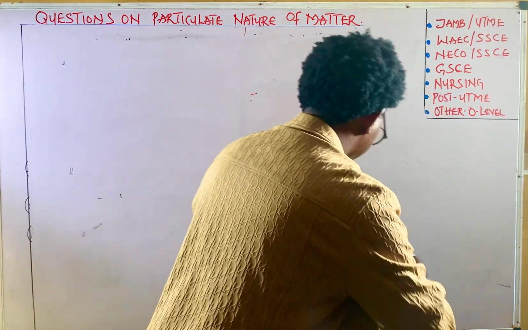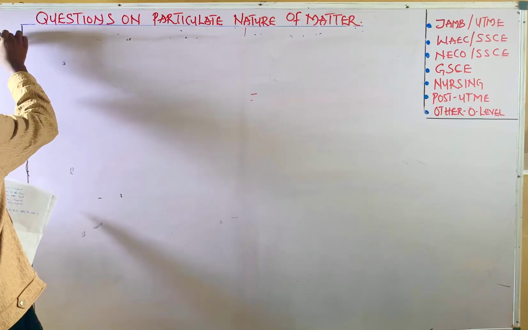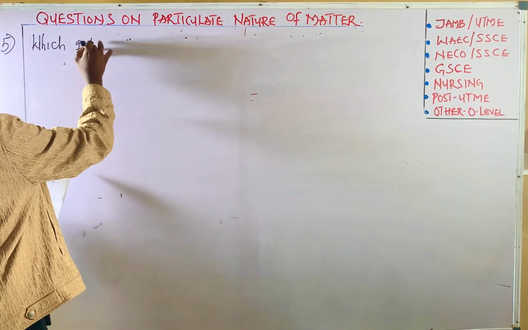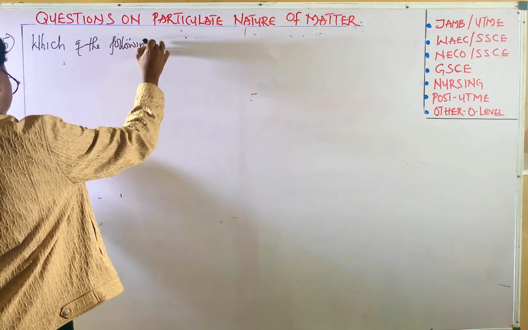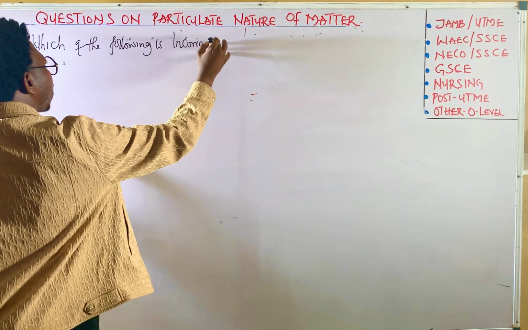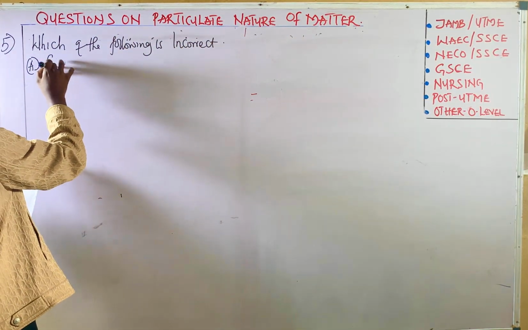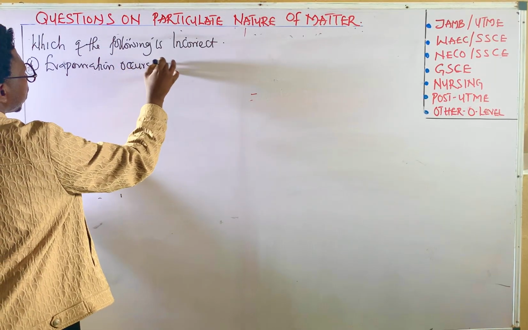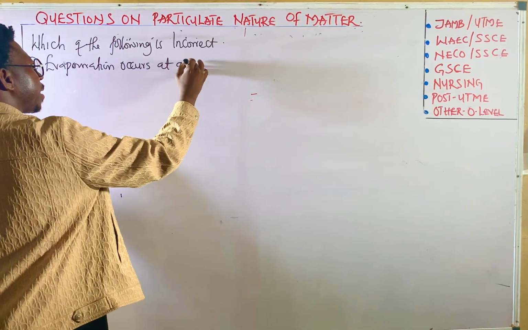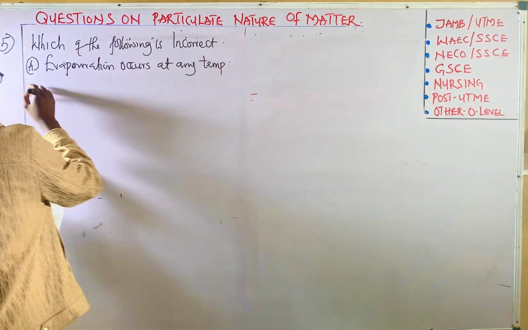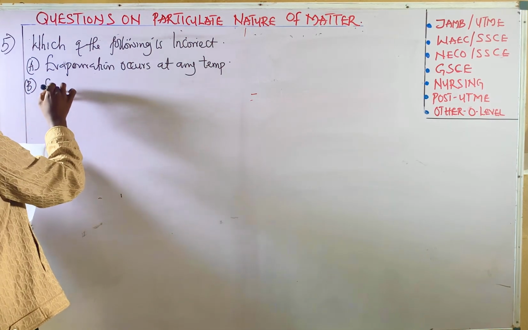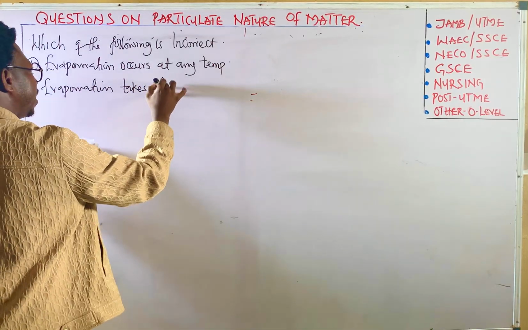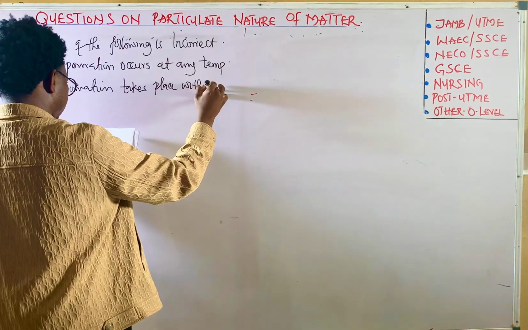Number 5. Which of the following is incorrect? Option A, evaporation occurs at any temperature. Option B, evaporation takes place within the liquid.